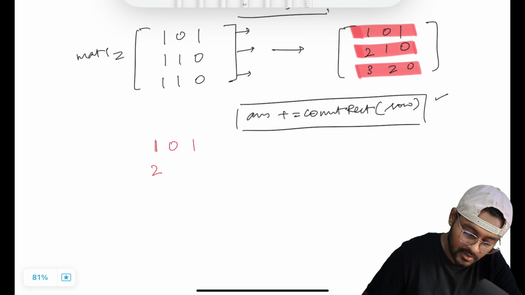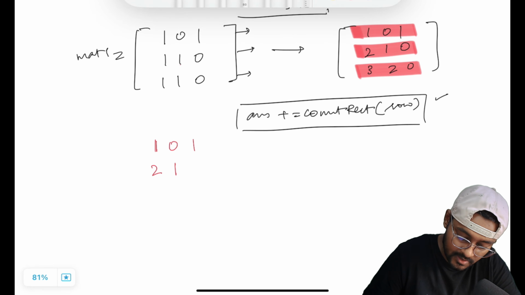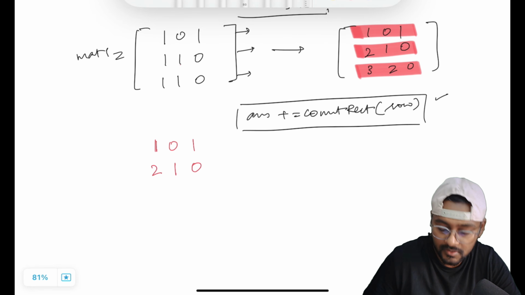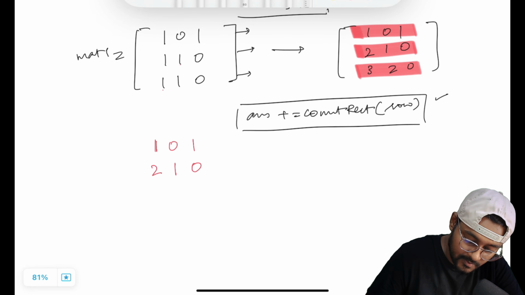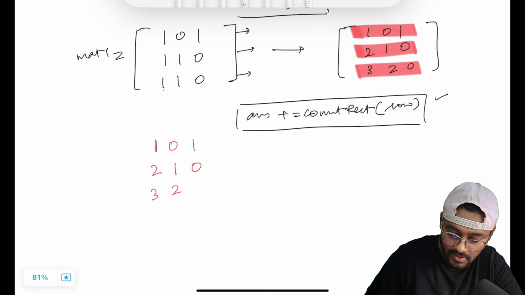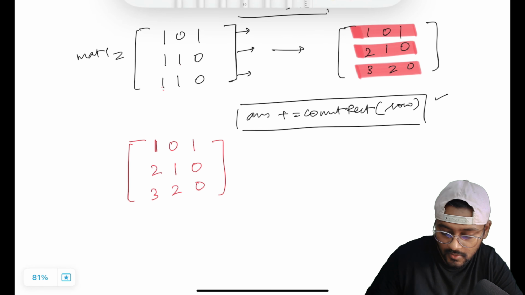If it is 1, 0 plus 1, which is 1. If it is 0, 0 means 0. The tower is broken. So for this portion, 1 plus above it, it is 2. 2 plus 1, 3. 1 plus 1, that is 2. If it is 0, then it is already 0.